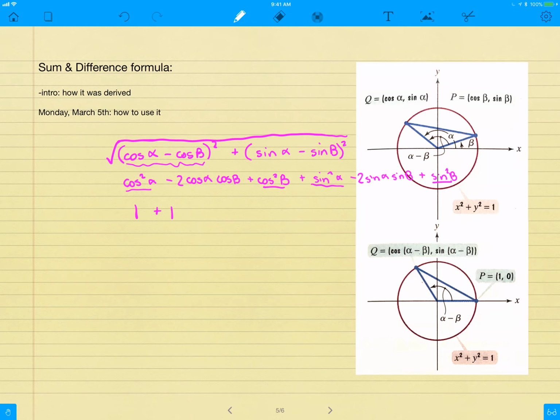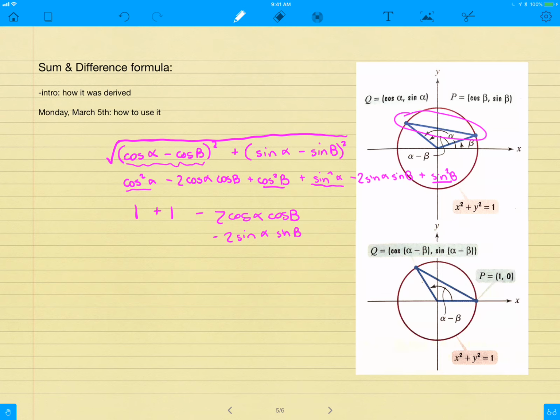And then the other two items are negative 2 cosine alpha cosine beta minus 2 sine alpha sine beta. It's just not letting me write that, because the picture's in the way. There we go. So that's the distance across this length right here.